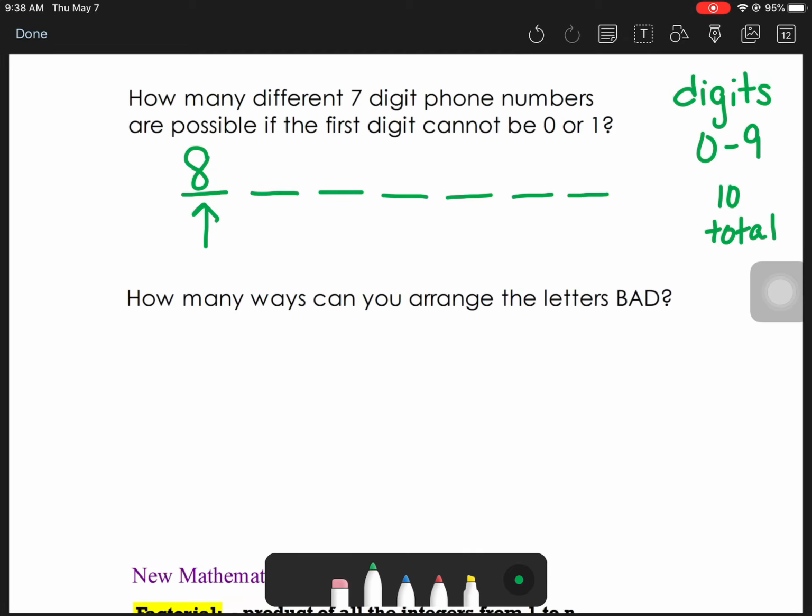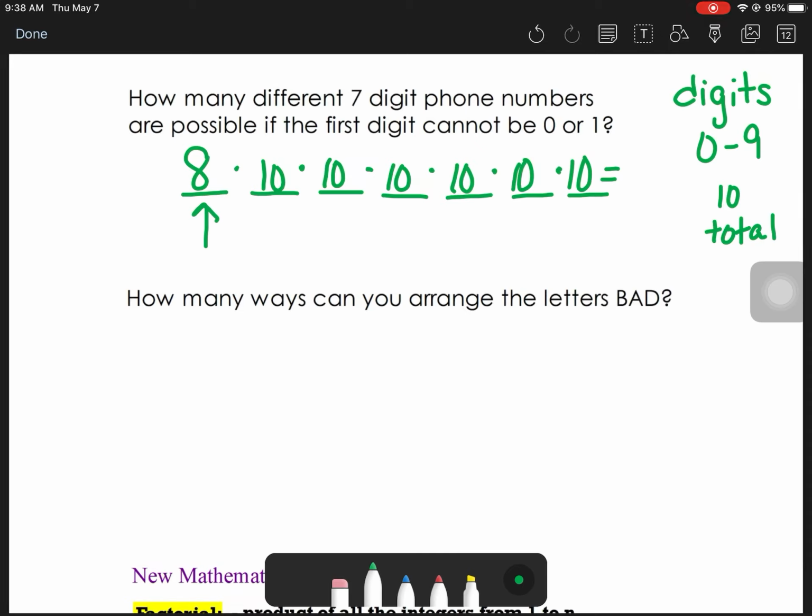But it says nothing about repeating, and it says nothing about restricting the digits for the other numbers in our phone number. So that means for all of the other numbers in our phone number, we would have 10 digits.